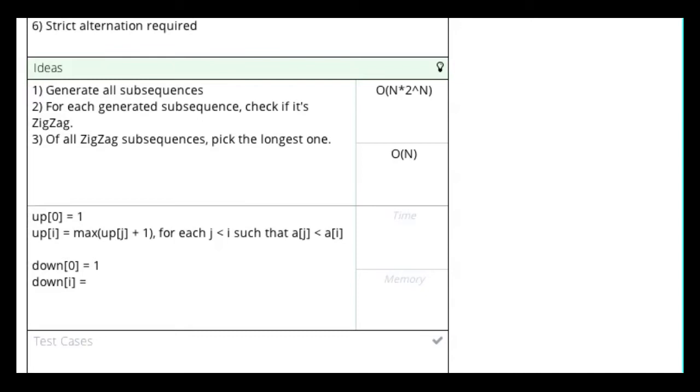Now, how do we solve zigzag? Well, all we need to do is slightly tweak the definitions of increasing and decreasing.